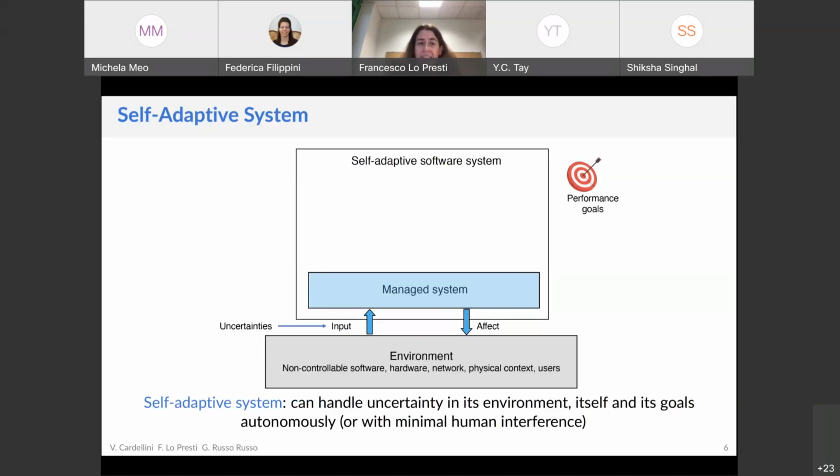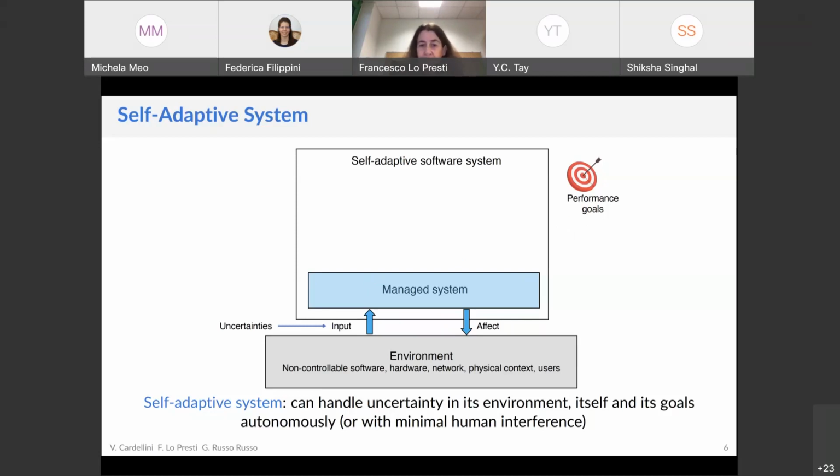In general, a self-adaptive system is a system that can handle uncertainty in its environment, can handle uncertainty about itself, and can manage autonomously its goals, in particular its performance goals, without requiring human interference at all, or with minimal human interference.